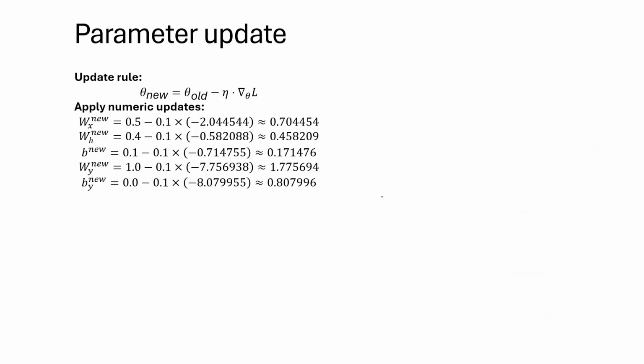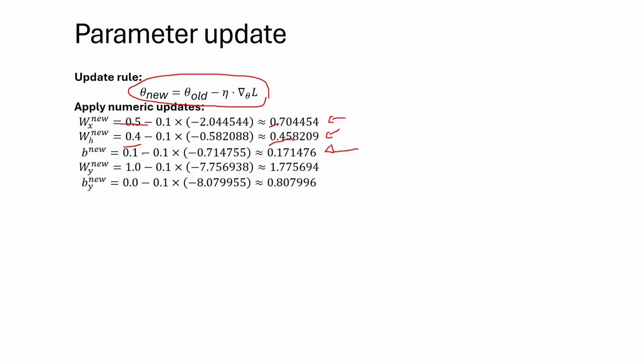Okay, so now we update the parameters using the formula I just said. The new parameter is the old one, minus the learning rate multiplied by the gradient. So it's straightforward to get these values. So you can see like all the parameters increased from 0.5 to 0.7, from 0.4 to 0.45.